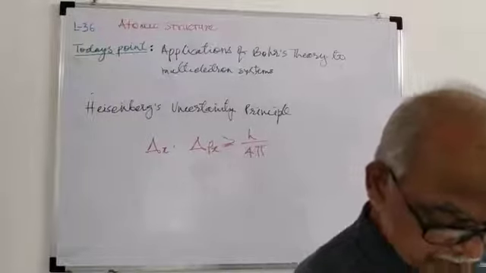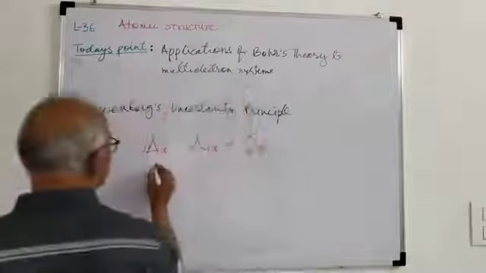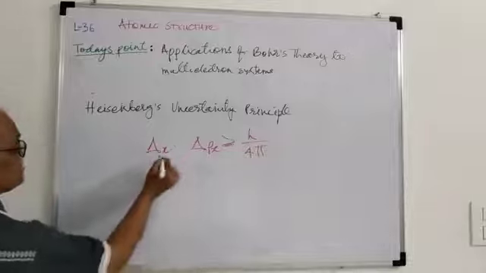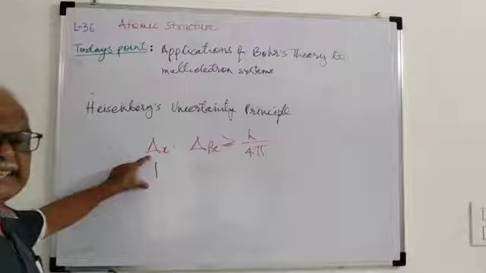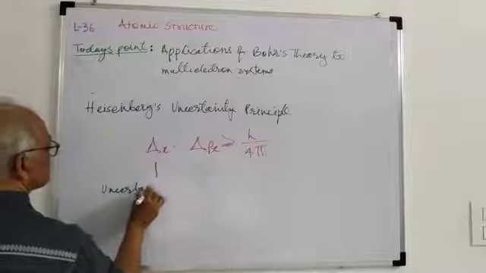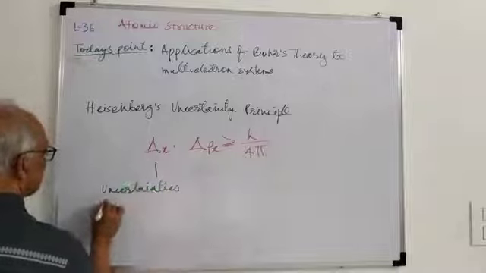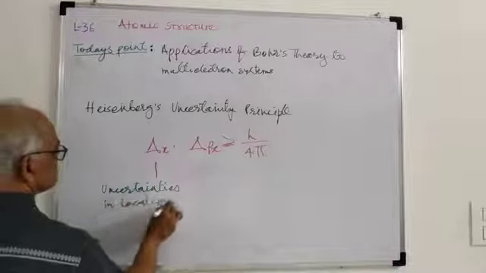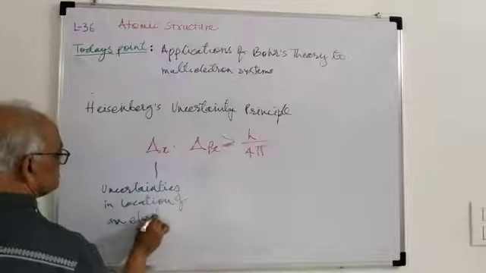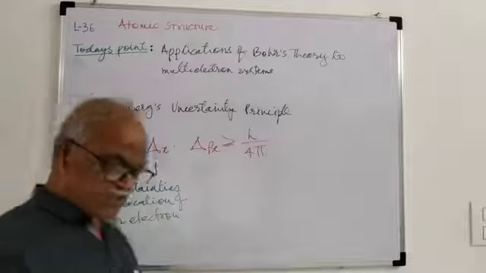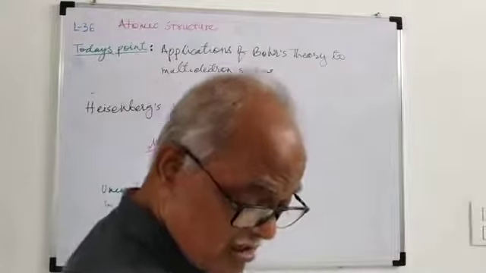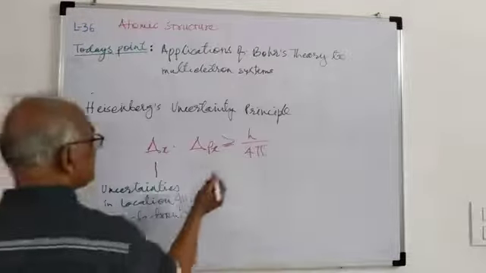Here delta x shows the uncertainty in the location of an electron, where it is moving around the nucleus in a specific orbit.